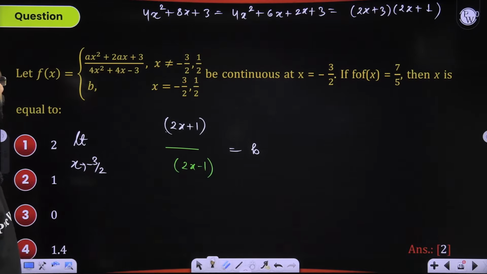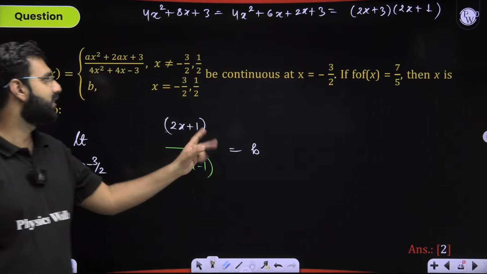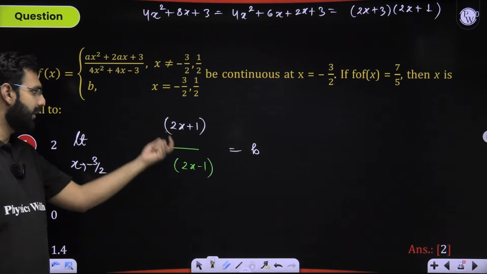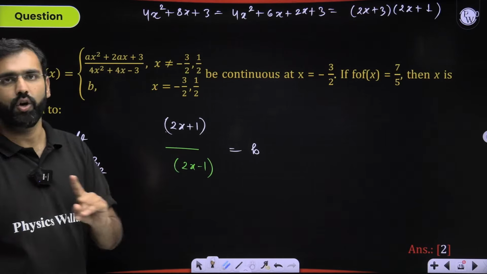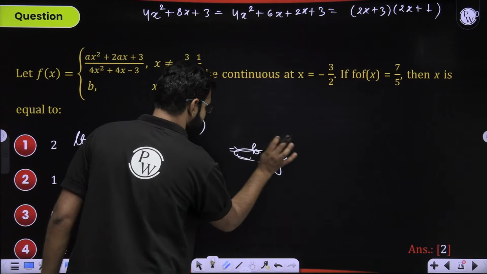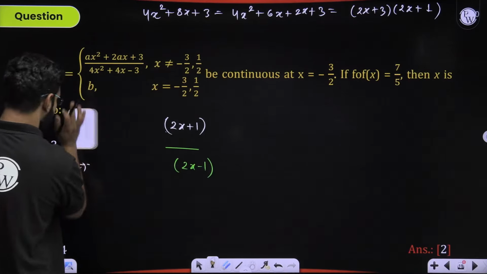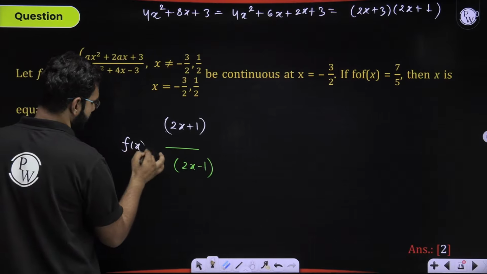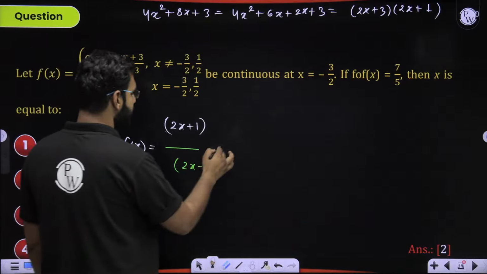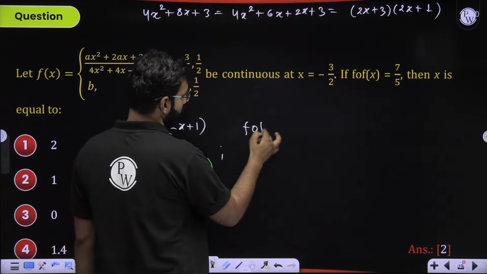What are we asked? I think we are not asked the value of b. We are not even interested in that. We can find it out by putting x as minus 3 by 2, and we'll get the value of b. But we are not interested in b. What are we interested in? Sir, first of all, we have cracked f of x. Pay attention to this. This is nothing but your f of x. So if this is f of x, can you not find f of x? I hope you are clearly seeing f of x.